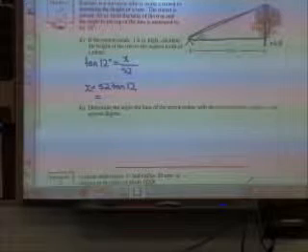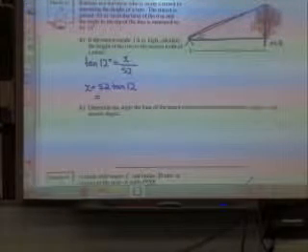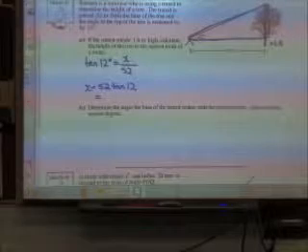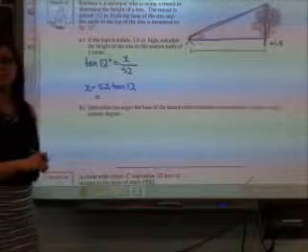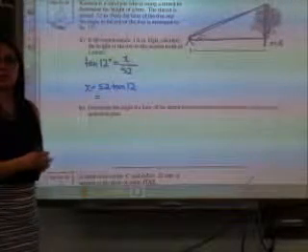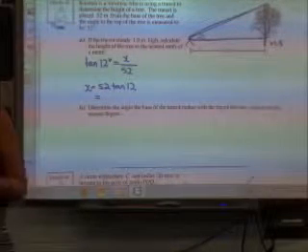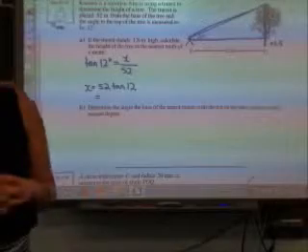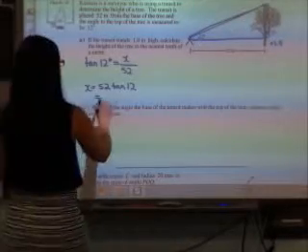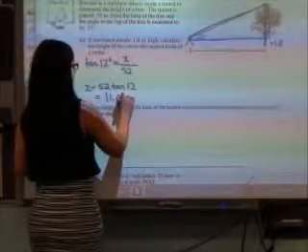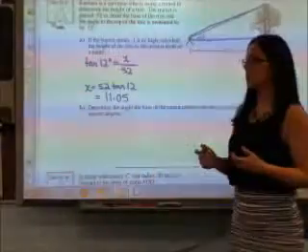So I would probably keep this answer to 2 decimal places before I add in that 1.8. So what do you get to 2 decimal places? Okay. So I get 11.05.